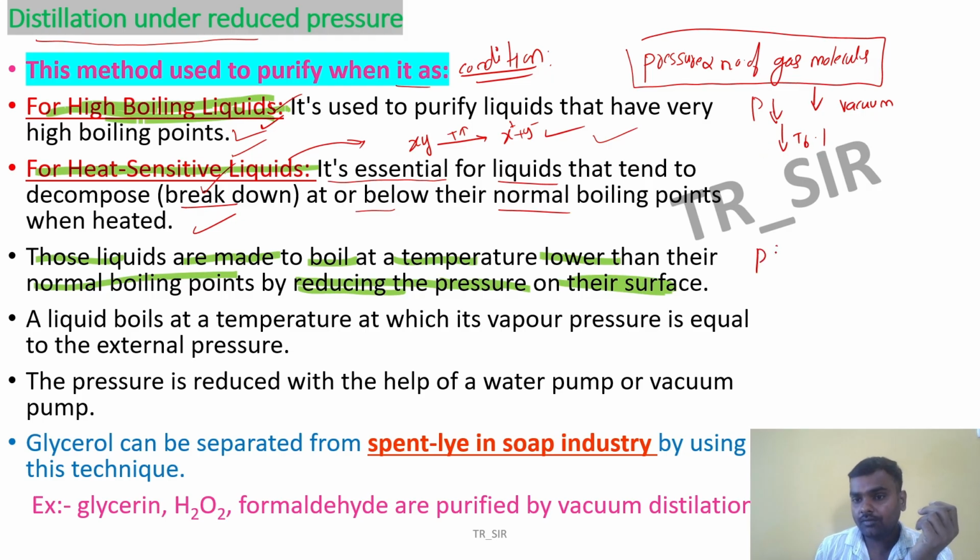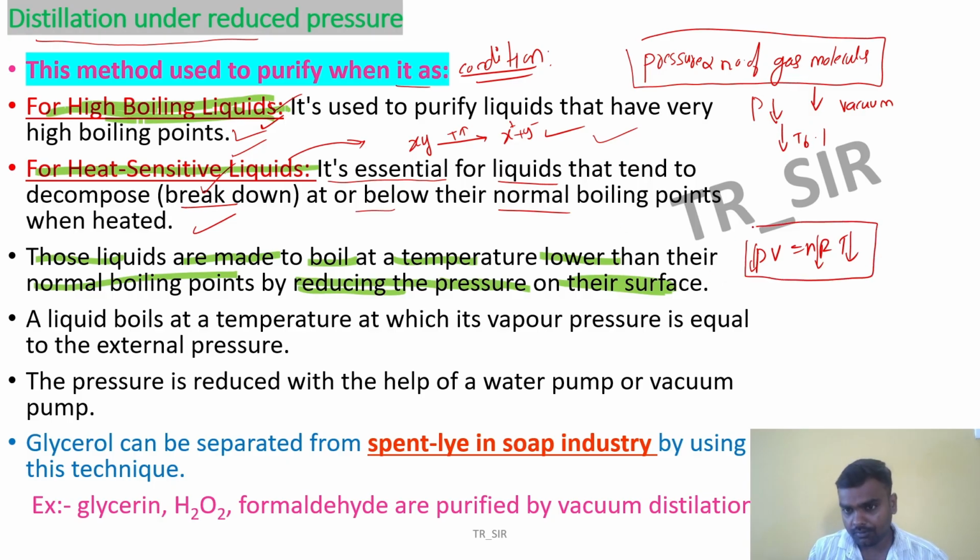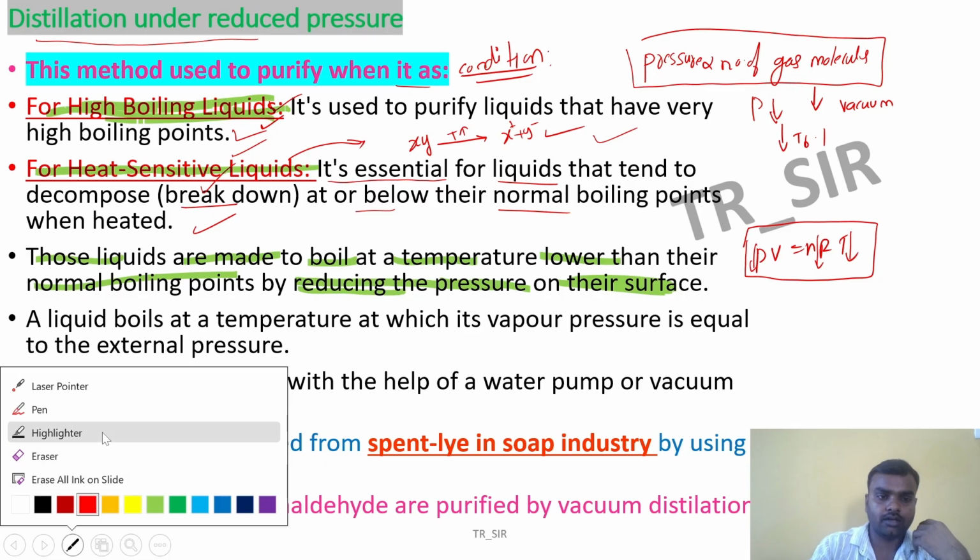That's what PV equals nRT tells us. We are decreasing the number of moles of gas, so pressure decreases. The idea is very clear. That is the meaning of reduced pressure: if a compound has a high boiling point but is sensitive, we have to use this kind of method. Now we'll try to make it clearer.